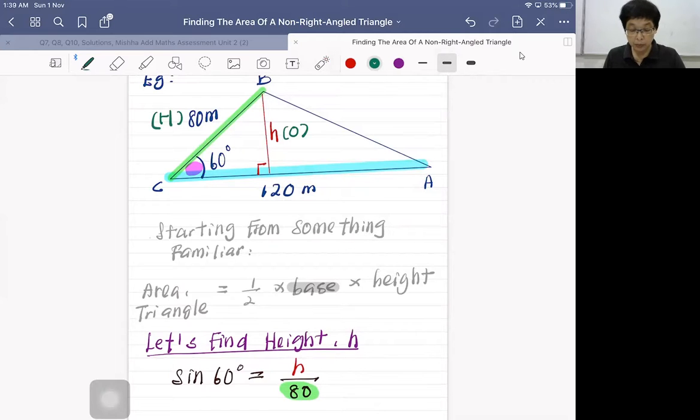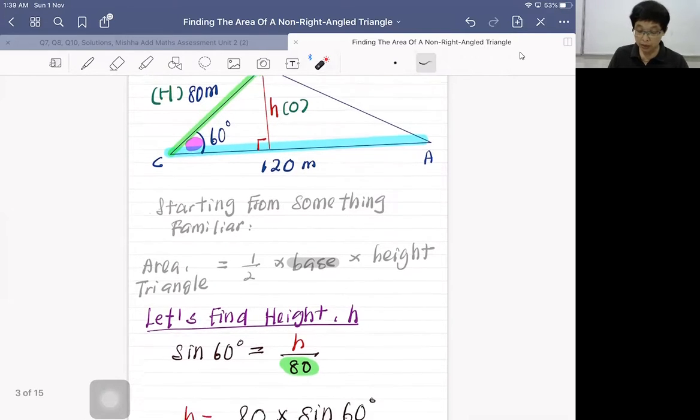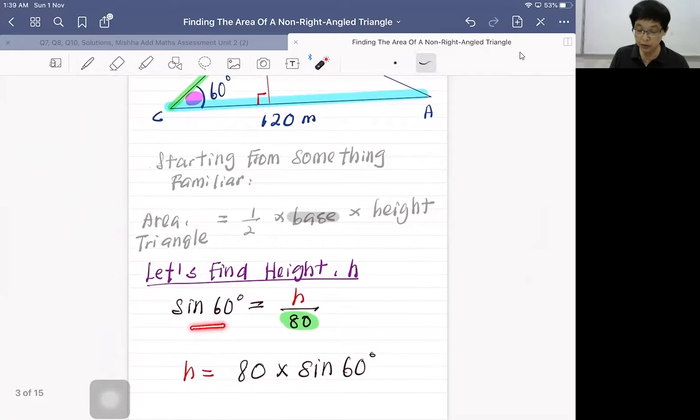With the right angle, we can put this into sine: sine 60 equals opposite over hypotenuse. With one single step of changing the subject, making H the subject, the height is 80 times sine 60.